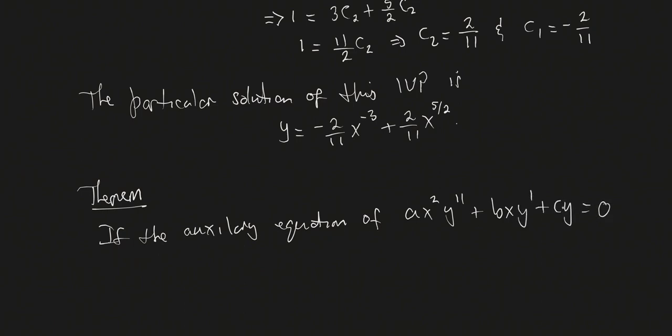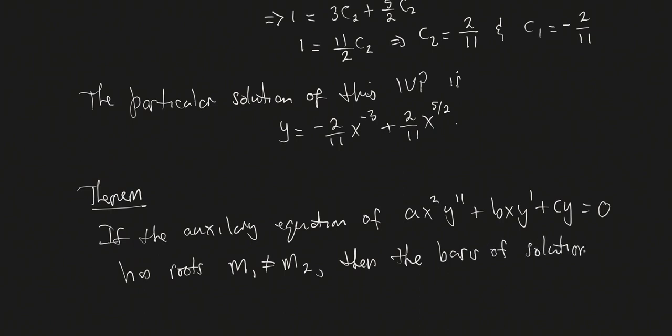So if the auxiliary equation of this equation has roots m1 not equal to m2, then the basis of solutions is x to the m1 power and x to the m2 power, right?